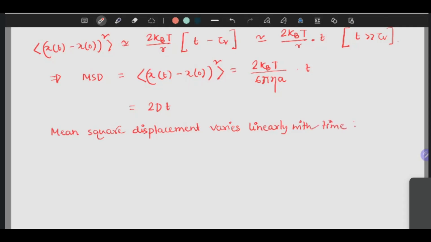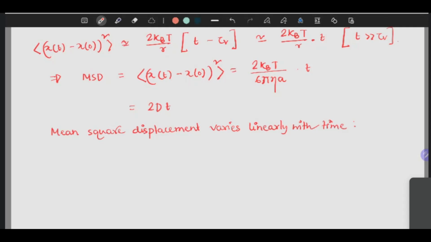So that's why in real experiments, if you plot the mean square displacement of a Brownian particle, we always see it grows linearly. Never does it grow ballistically. So that explains this thing.